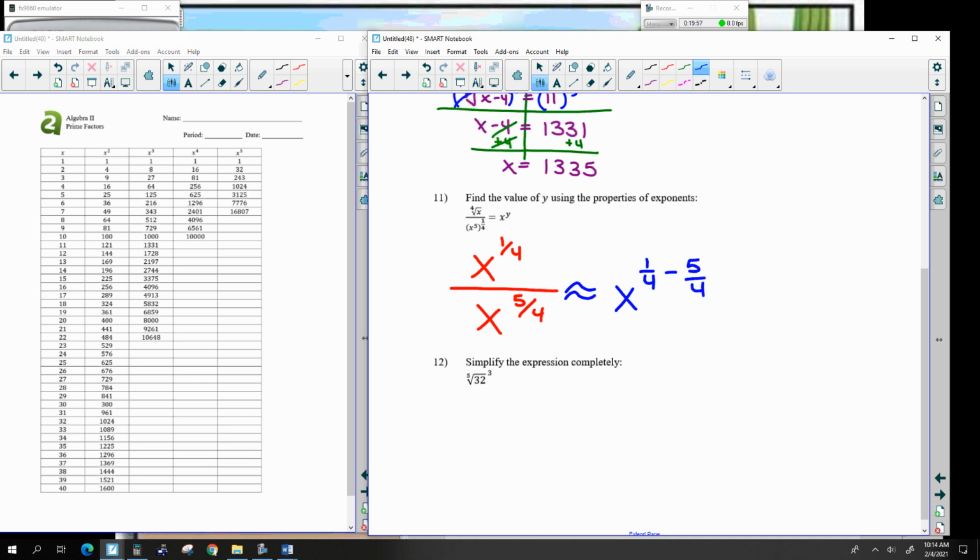You can do that into your calculator. It's not a big deal. That is equal to negative 4/4, which is negative 1. So this end result is equal to x to the negative 1. So if that's equal to x to the y, it's logical that y is equal to negative 1.